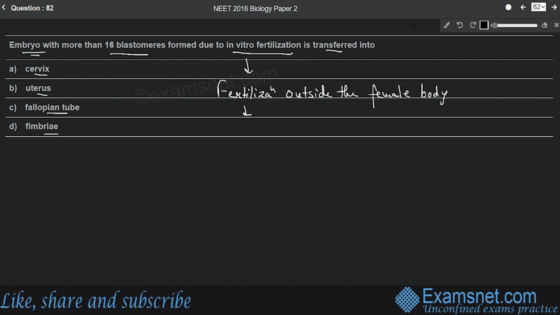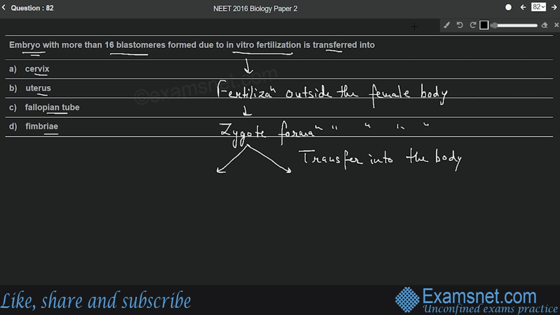That means the zygote will also be formed outside the female body. Now this has to be transferred into the body, and this transfer can take place in two different ways.